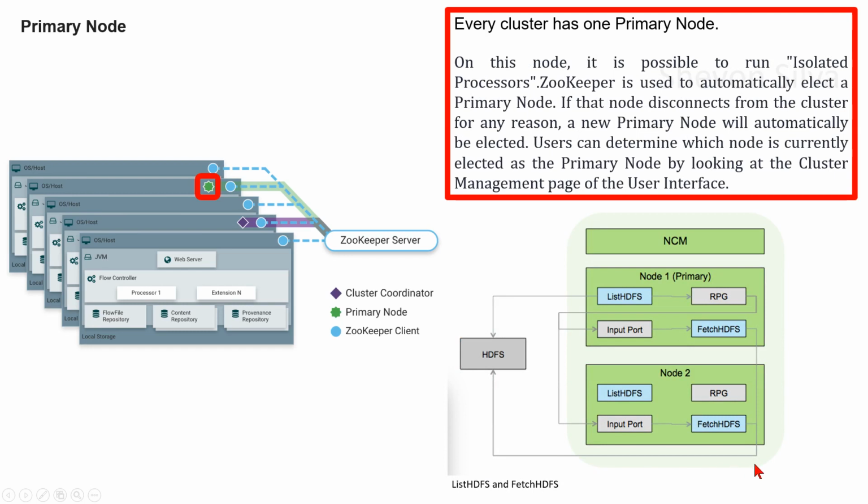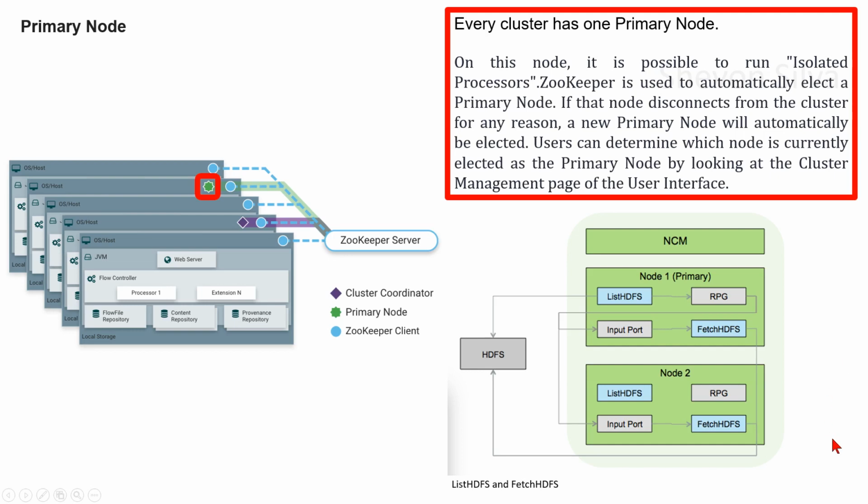Here we consider List HDFS and Fetch HDFS. Here we are considering pulling. A different pulling scenario involves performing a listing operation on the primary node and distributing the result across the cluster via site-to-site to pull the data in parallel.